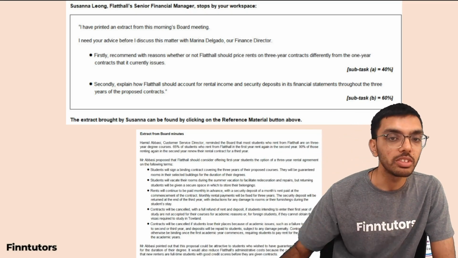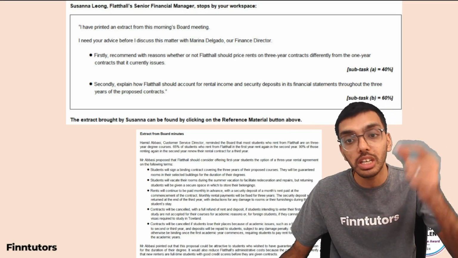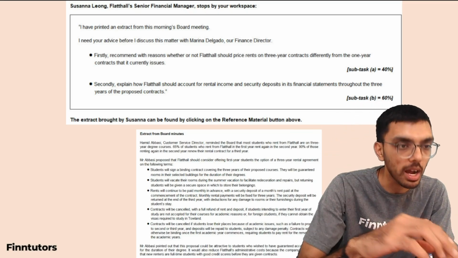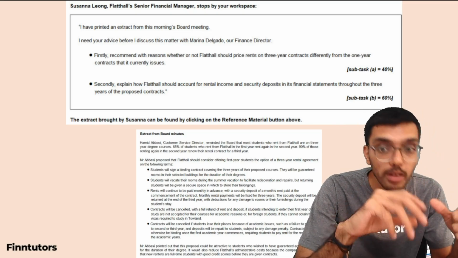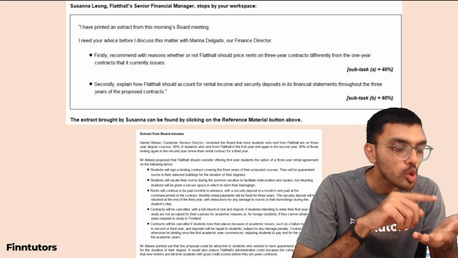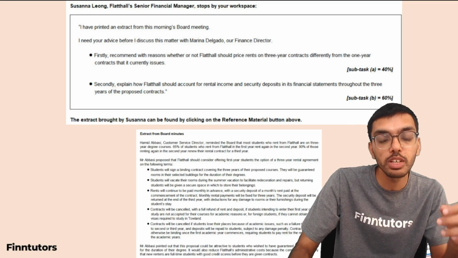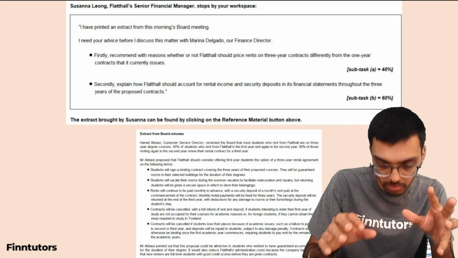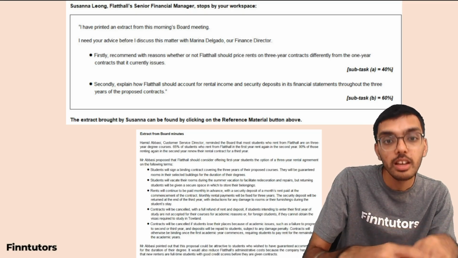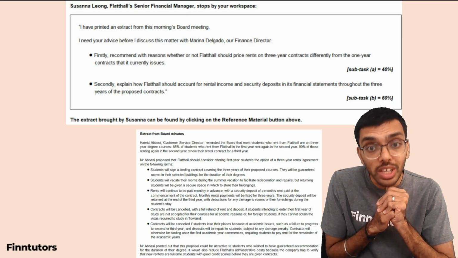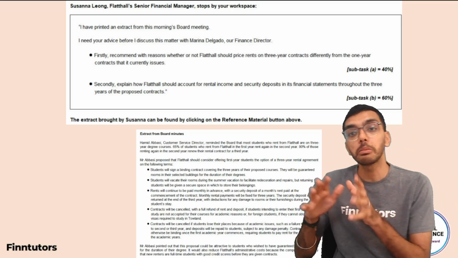From that, they are telling you that the first task is worth 40% of those marks. So 40 upon 100 into 25 gives me 10. So first task is worth 10 marks. Second task is worth 15 marks because it's 60 upon 100 into 25 giving me 15.